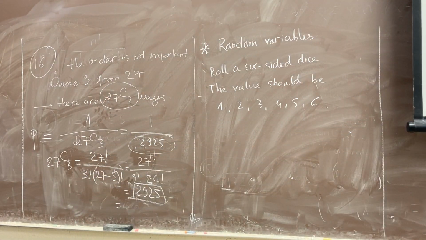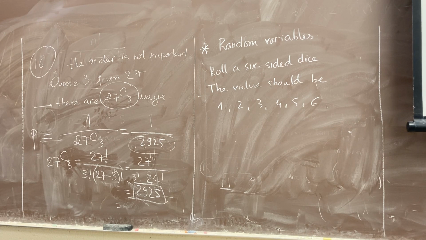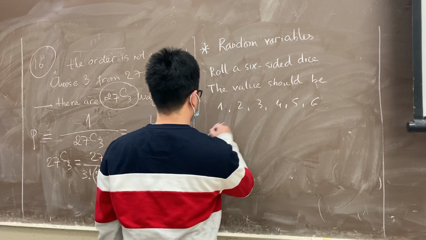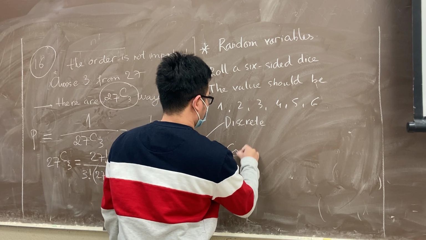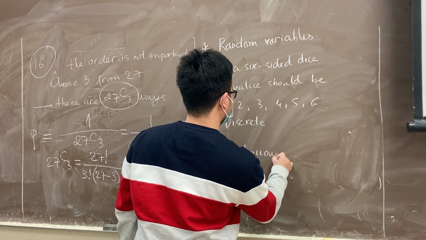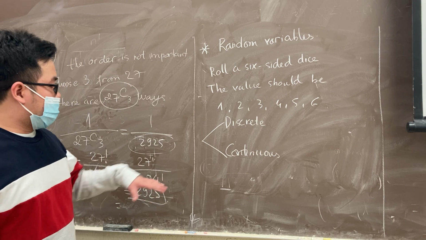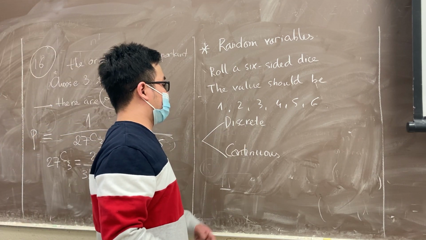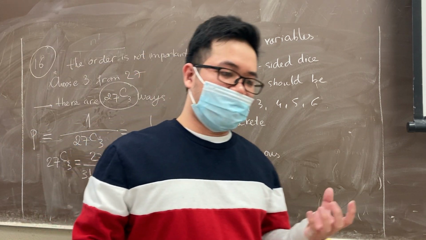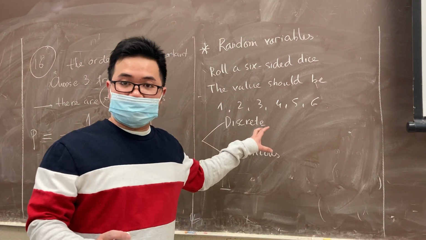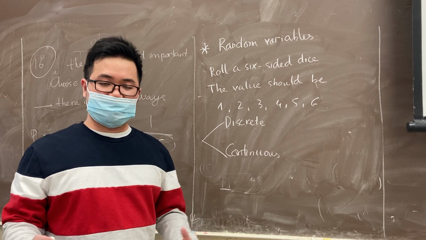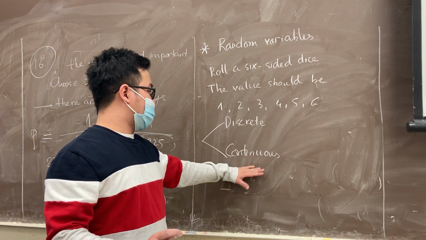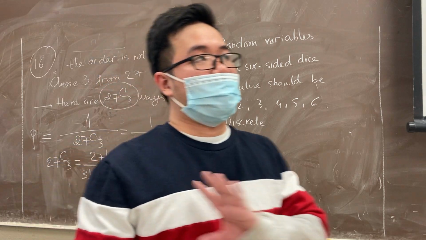Okay. And in this case, we have two types of random variable: discrete random variables and continuous random variables. When we talk about a discrete random variable, the values of this variable can be counted. We can count 1, 2, 3, 4, 5, something like this. And regarding the continuous random variable, that means we cannot count it, right?